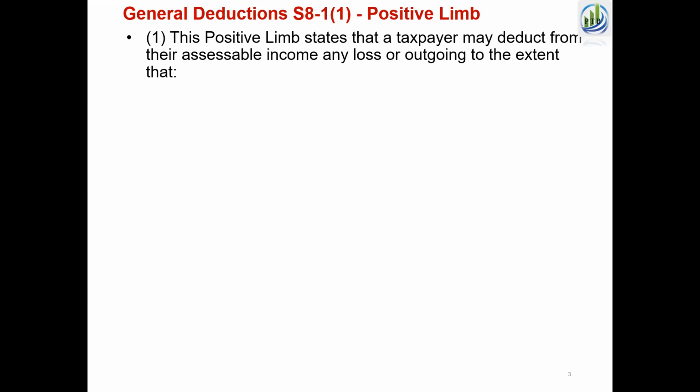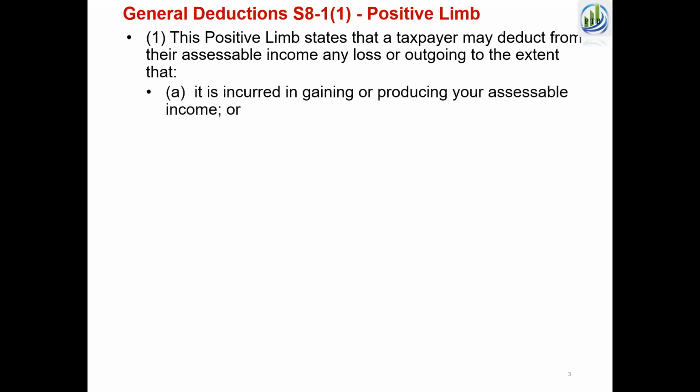So we will see what the positive side of that legislation is. This is coming from the legislation, but I will say it in user friendly words for you to understand, right? You can deduct from your assessable income any loss or outgoing. It means any expenses. Extend that. What is that? Incurred in gaining or producing assessable income.